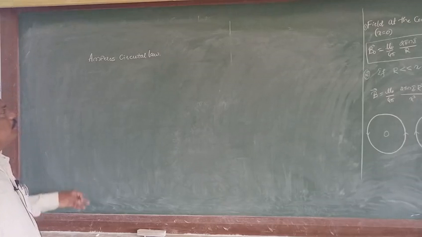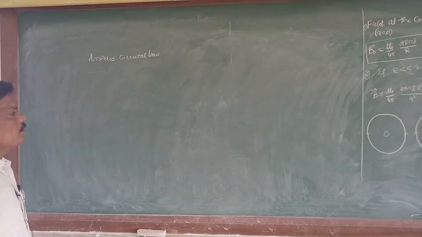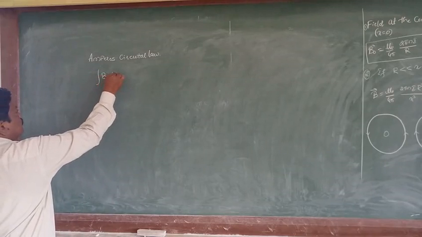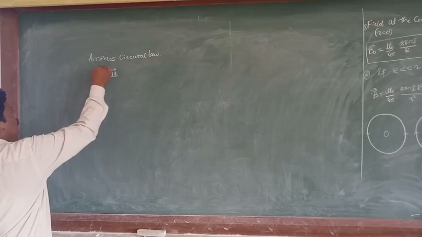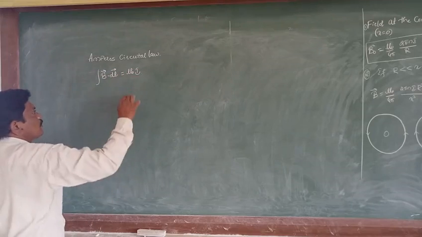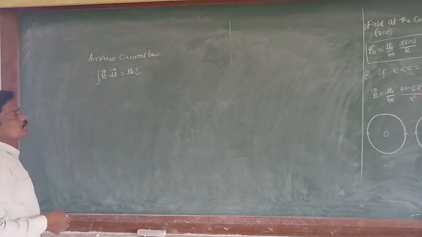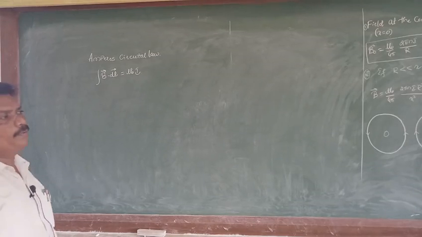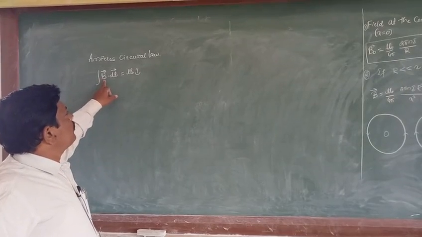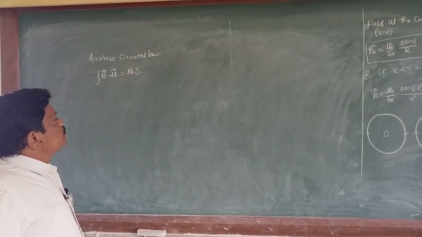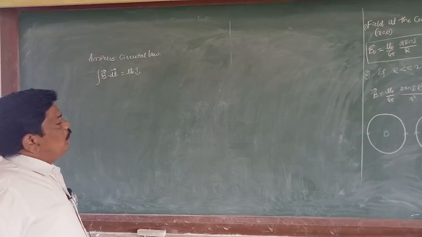Okay, so Ampere's circuital law states that the line integral of B dot dl equals mu naught times the current I enclosed by the closed loop. For a closed loop, we can write line integral of B dot dl equal to mu naught times I. So this one is Ampere's circuital law.